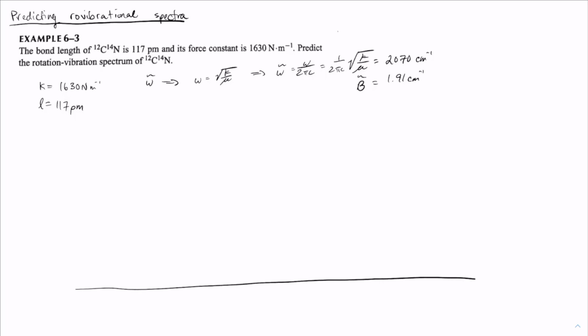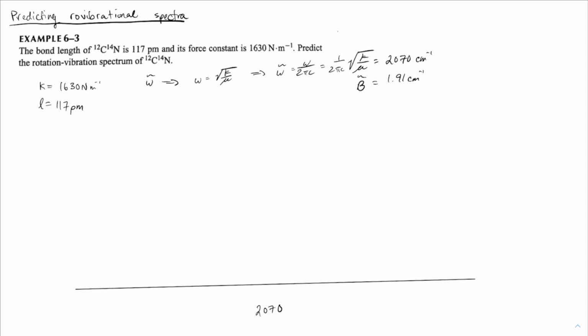So this will be sort of the energy axis, and the spectrum is going to be centered around omega, right? Remember, you have vibrational structure, with rotational structure that is spaced outwards starting from omega, and so this will be the center of our spectrum, and so we're going to sort of center it around 2070.